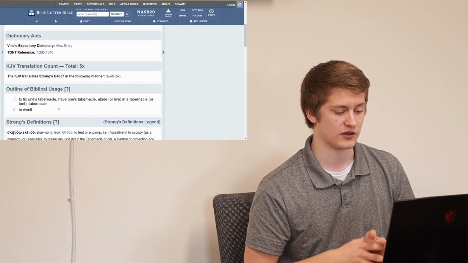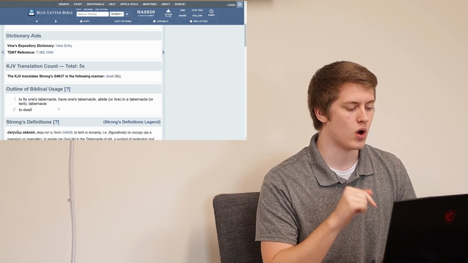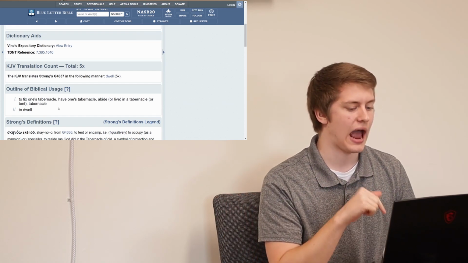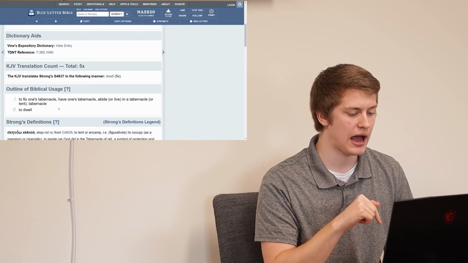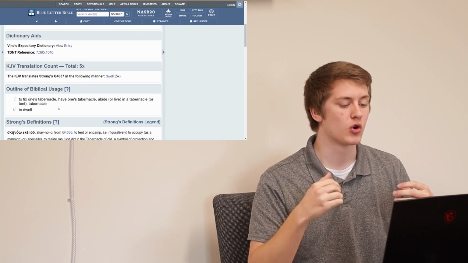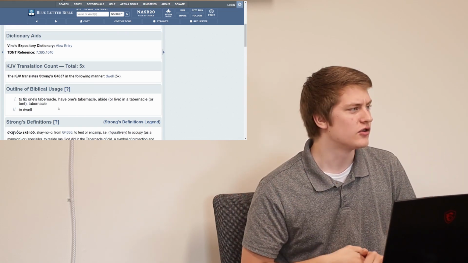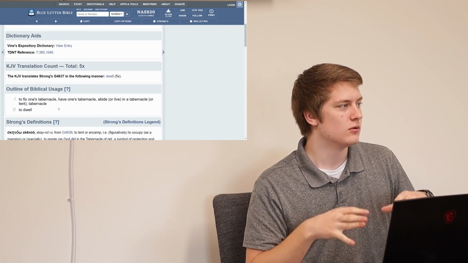But I think this is some really helpful information. The outline of biblical usage: to fix one's tabernacle, or to abide or live in a tabernacle or tent. So, tabernacle.